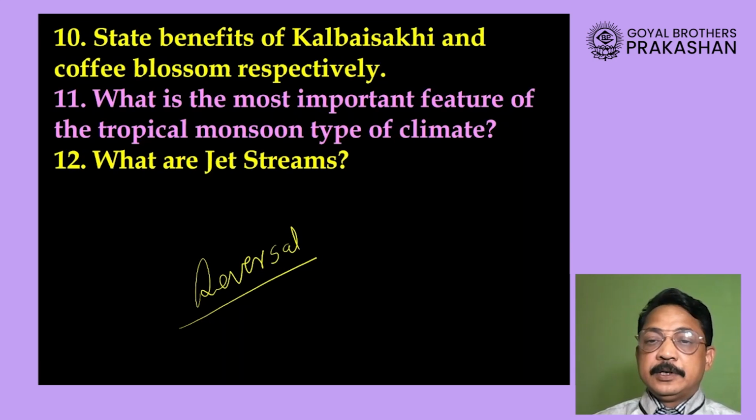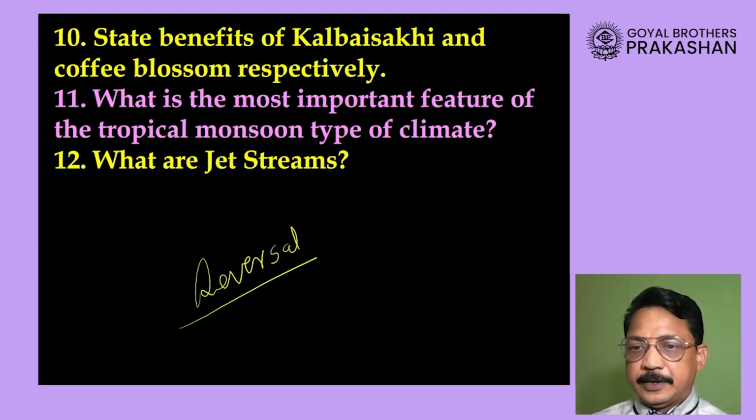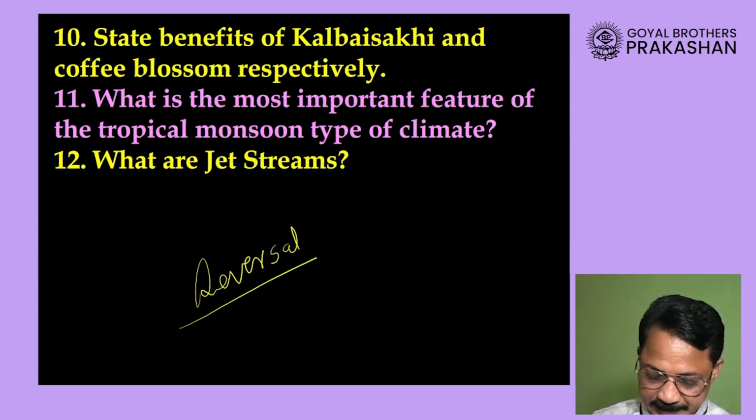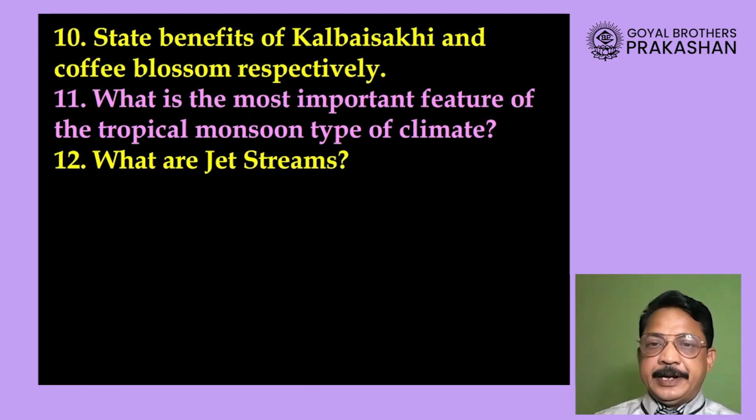That means the tropical monsoon winds blow from the month of June to September from southwest direction to northeast direction. After that, when the winter season begins, they change the direction and now they blow from northeast to southwest directions. Now the next question here is, what are jet streams?